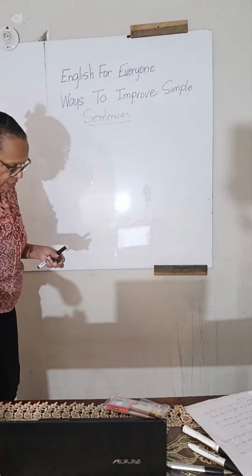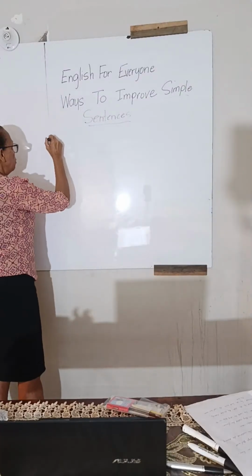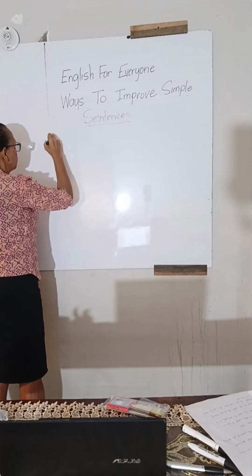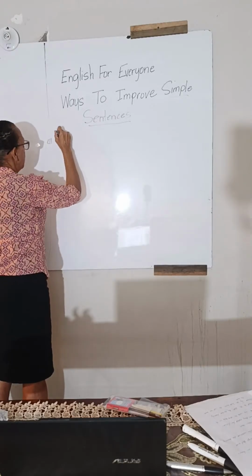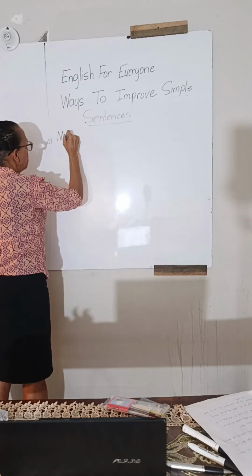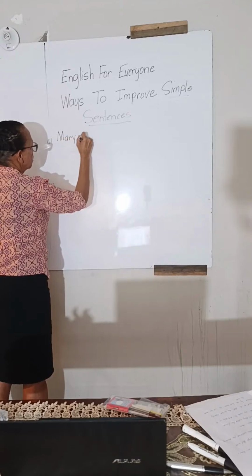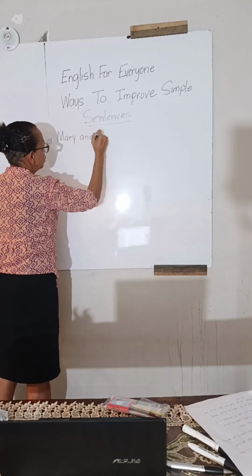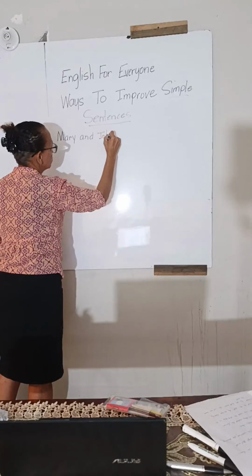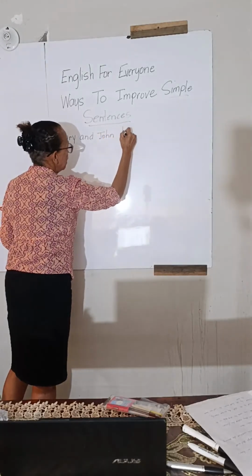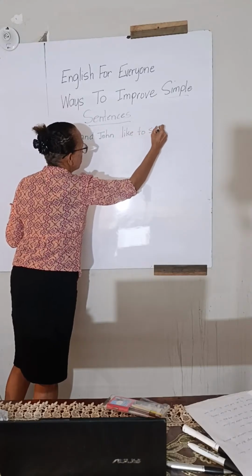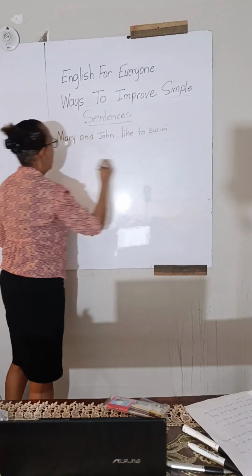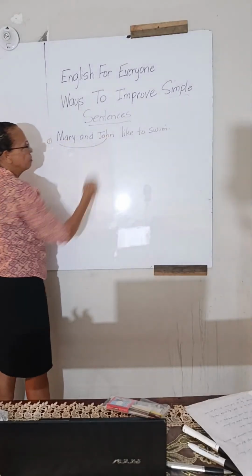All right, let's start. One pattern here. Mary, okay, let's do two. Mary and John like to swim. You have two subjects here.